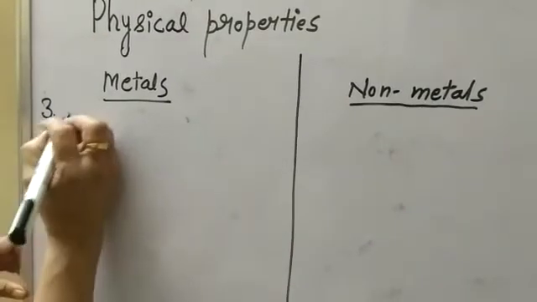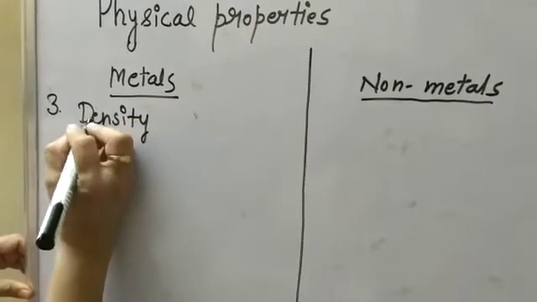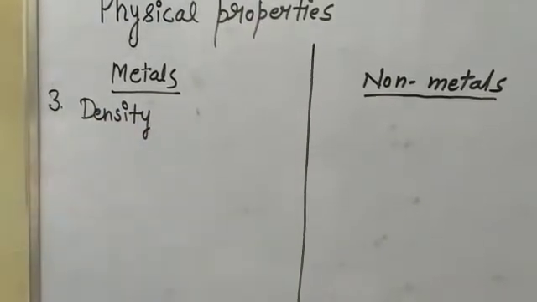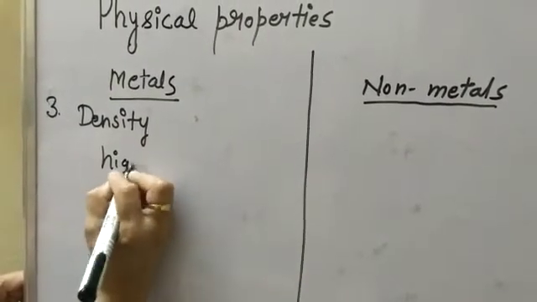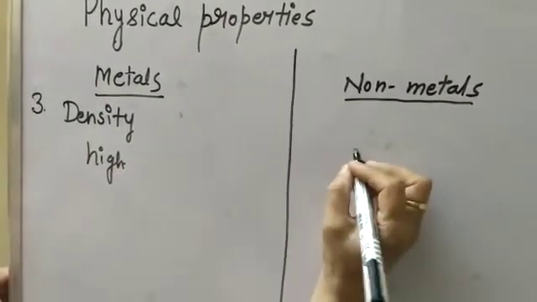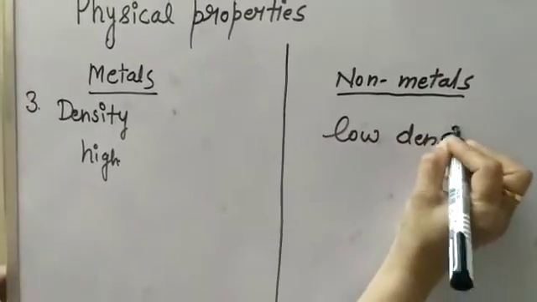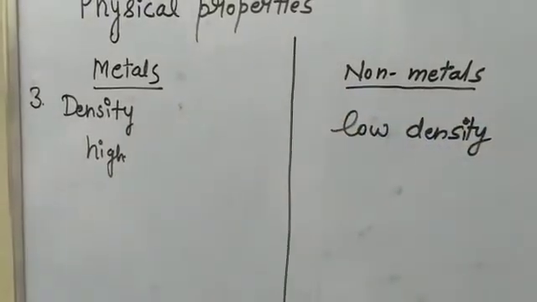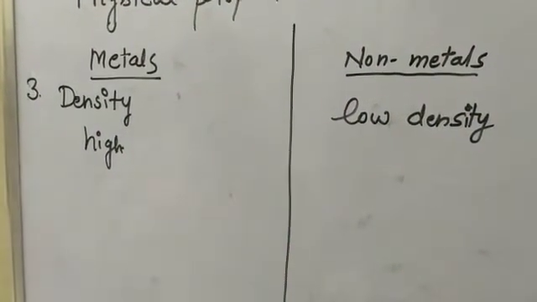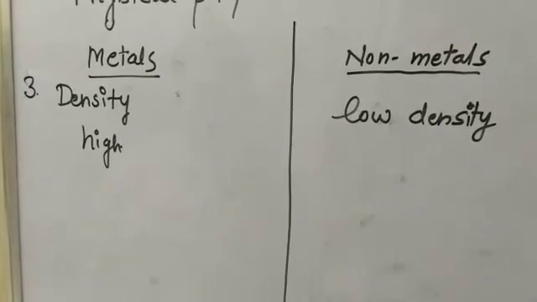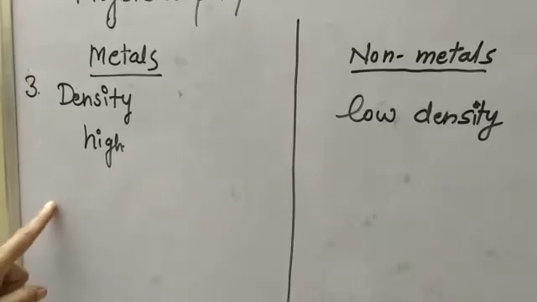After that, the third point is density. Metals generally have high density and non-metals generally have low density. However, some exceptions are there. Sodium and potassium, which are metals, have quite low density.